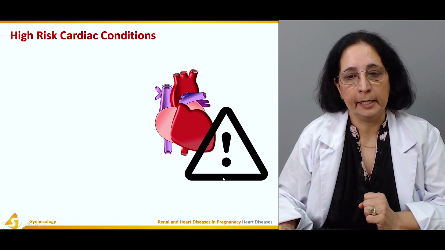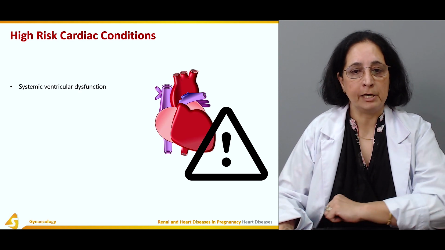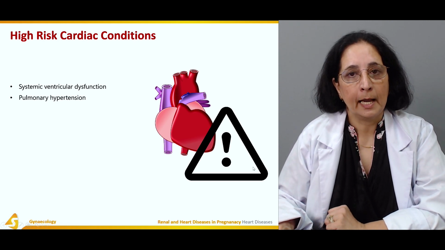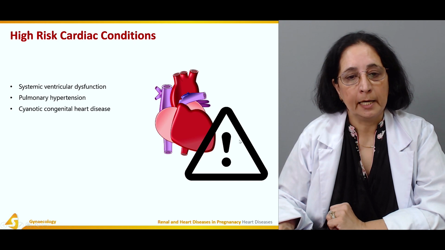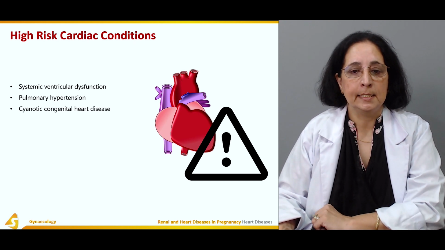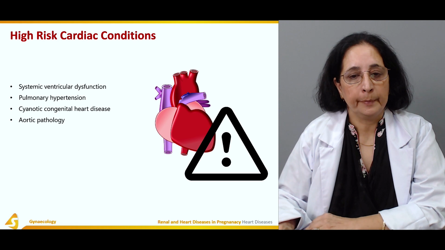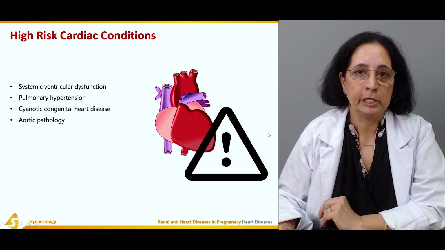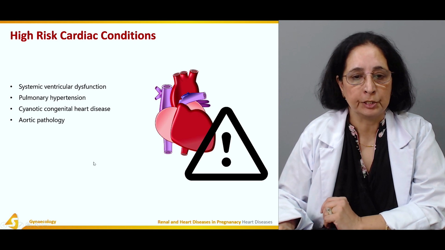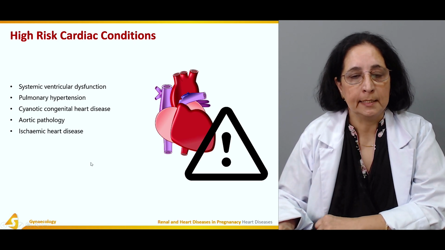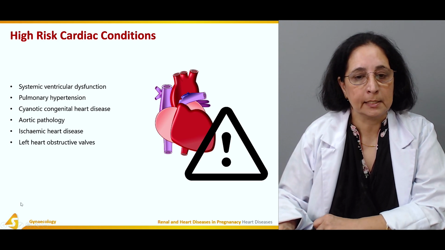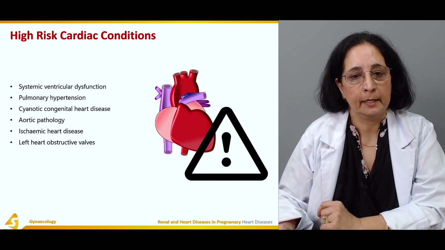High-risk cardiac conditions: systemic ventricular dysfunction, pulmonary hypertension, cyanotic congenital heart disease, aortic pathology. All these are high-risk cardiac conditions that should be managed. Ischemic heart disease is also another condition. Left heart obstructive valve is another high-risk cardiac condition.